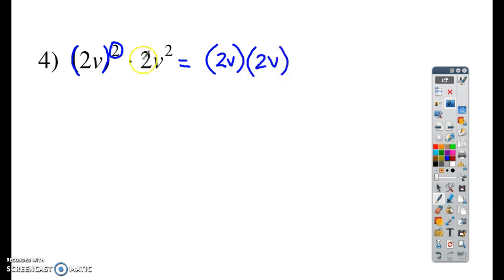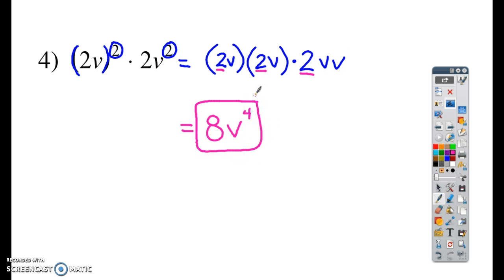And then you're going to put 2v times 2 and 2 v's, because this one says that you have 2 v's. Go ahead and multiply all the coefficients. So that's 2 times 2, that's 4 times 2 is 8. And how many v's do you have in total? 1, 2, 3, 4. So that's v to the 4th power.